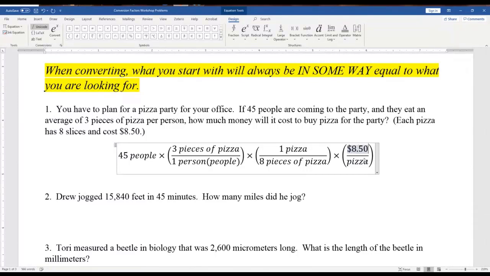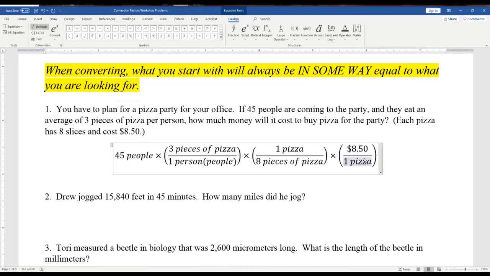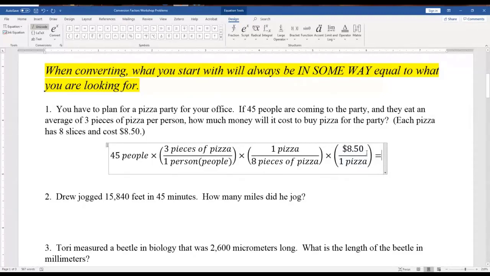So 8.50 is the cost for one pizza. And that's just a practical, real life example of how you can use this to solve for something, to figure out something in advance of, say, a major pizza party.